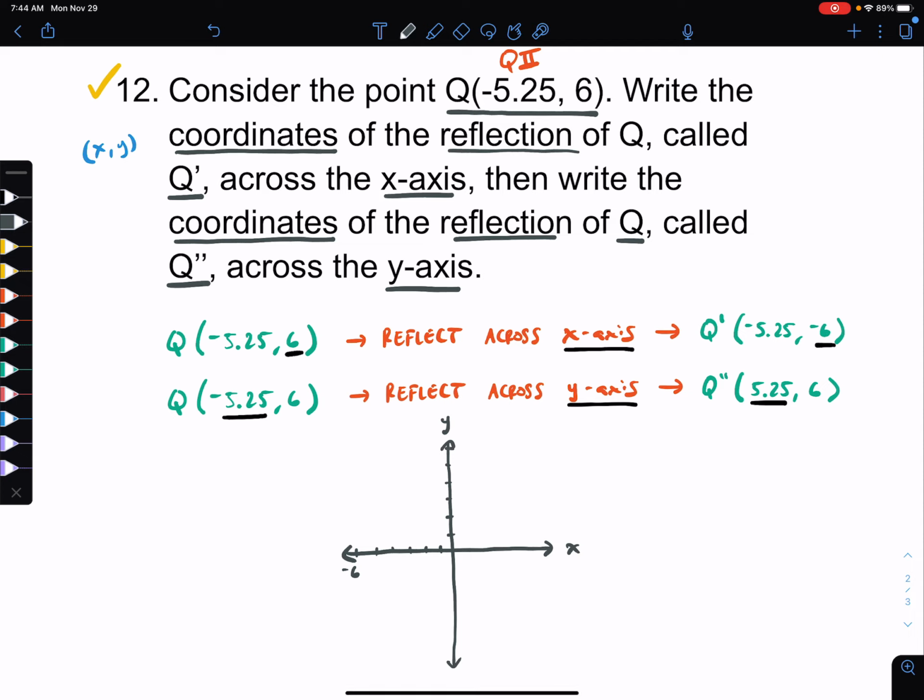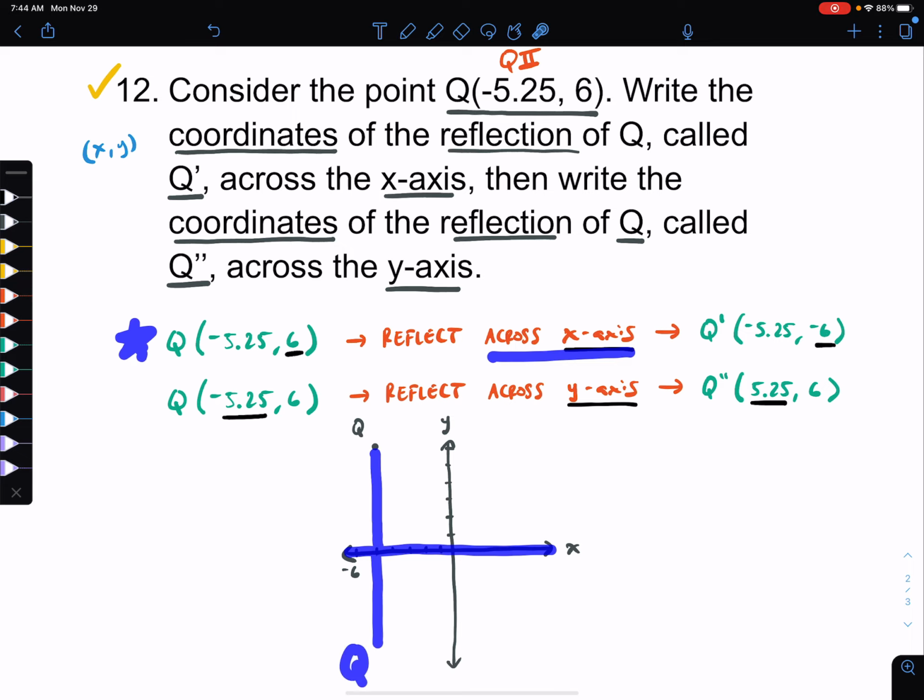So negative 5.25 is somewhere here, just trying to estimate. For this first one, reflecting across the x-axis, here's the x-axis, right? You have to see how far away it is, and you reflect it all the way down here. So here's where Q prime would be. It makes sense this is negative, negative, because it's in quadrant 3.